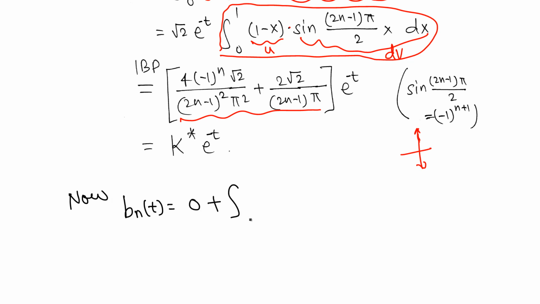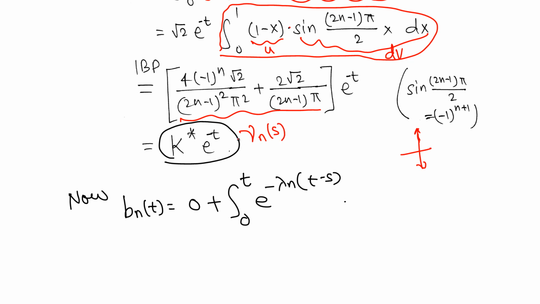So from 0 to t, this is given from the formula, by the way, e to the negative lambda_n (t minus s) times nu_n, in terms of s. In the formula we have nu_n as a function of s, but when we find it as a function of t, this will be just this constant times e to the negative s, ds.